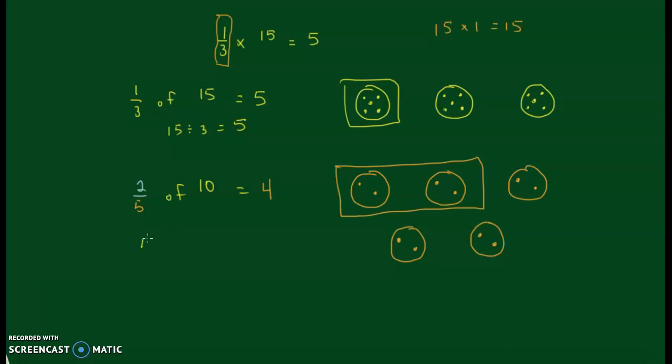So we can do 10 divided by 5, and that gives us an answer of 2. After we find the unit fraction, then we're going to multiply by the numerator, and that will get us to the answer. And again, we're connecting these two together. So 2/5 of 10 is the same as doing 2/5 times 10, which is 4.